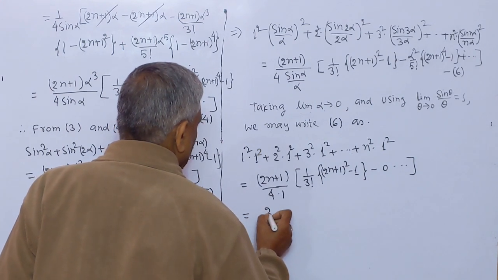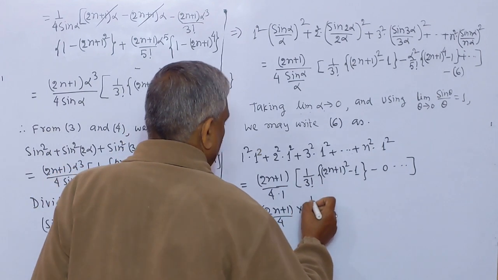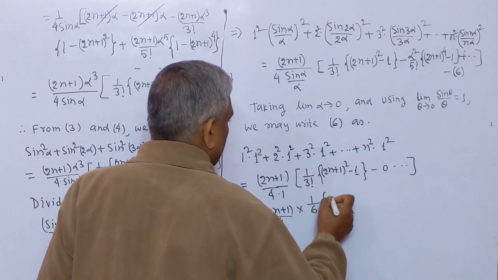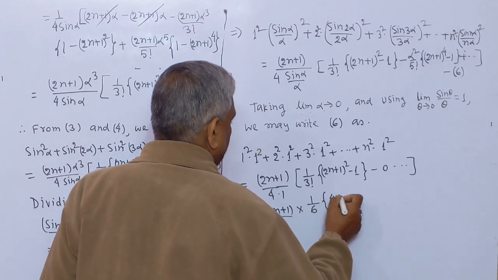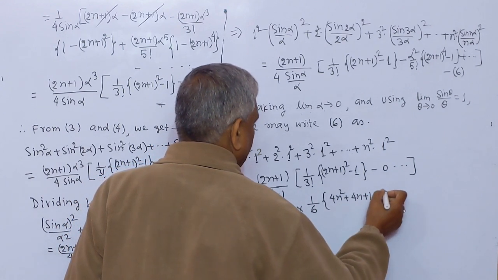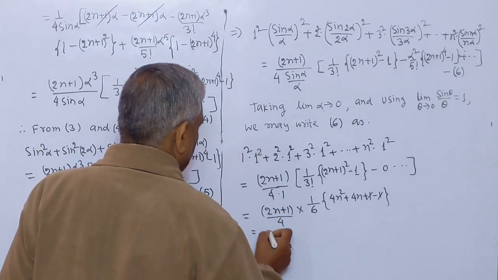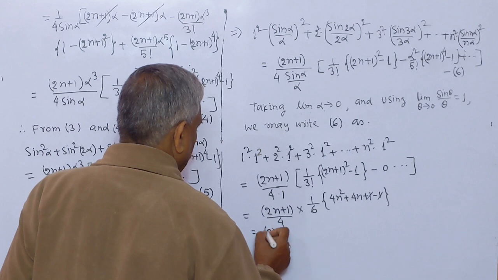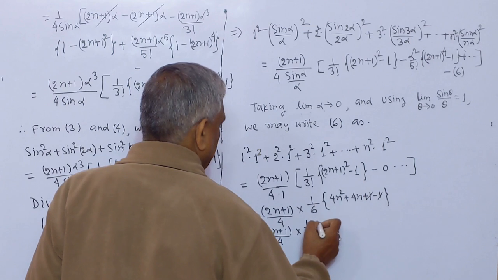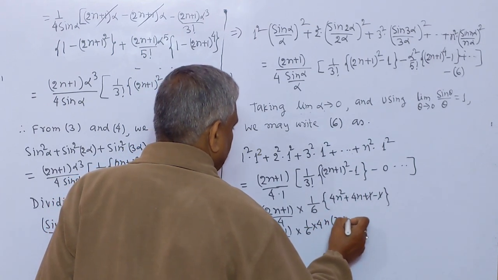Equal to (2n+1) by 4, 1 by factorial 3 is 6, here 4n square plus 4n plus 1 minus 1. 1 and 1 cancel. This is equal to (2n+1) by 4 multiply 1 by 6. Here we take common 4n, here remains n plus 1.